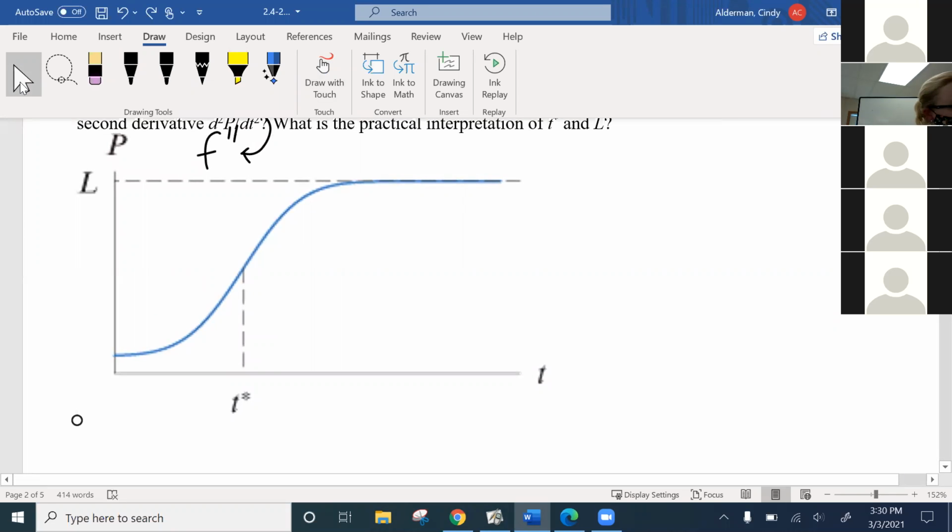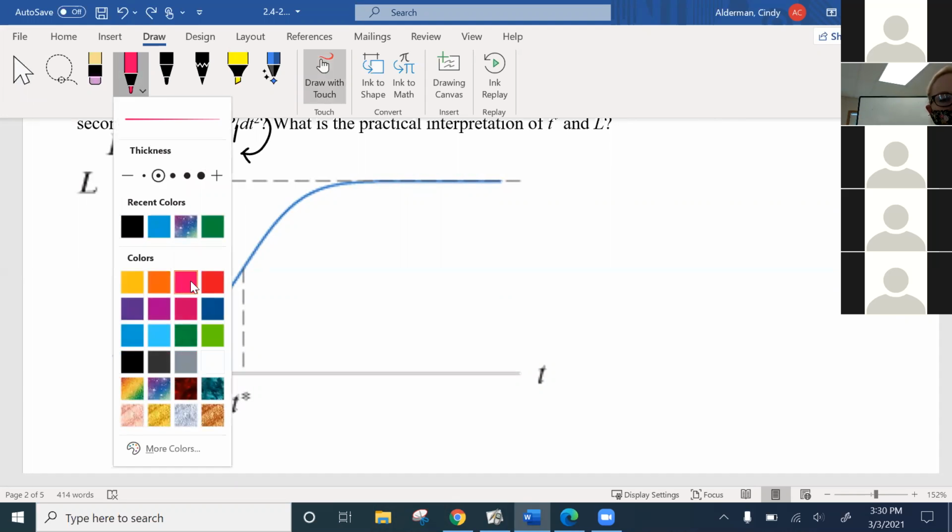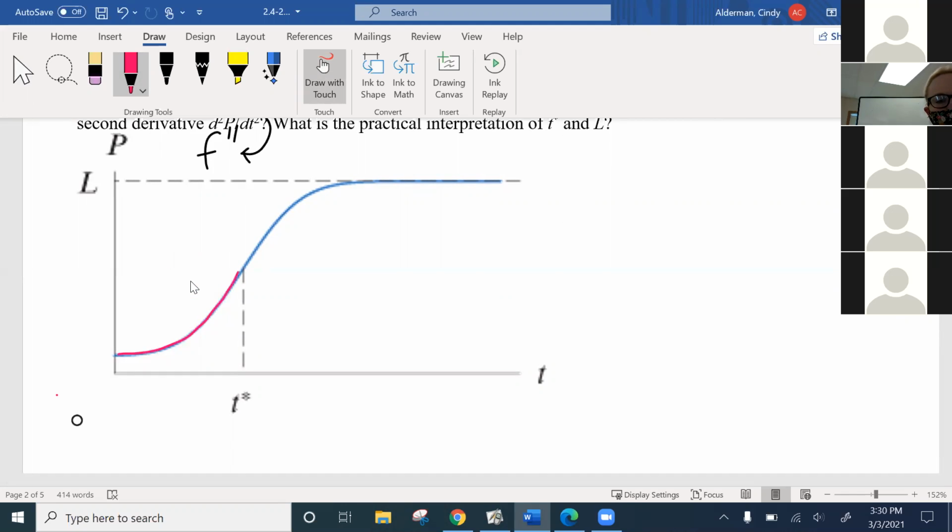All right, so let's describe what's going on. From 0 to that t star, concave up, concave down. So if I went from here to here, yeah, concave up, right? So in that interval, this is concave up. So we know that the second derivative is going to be above the x-axis or below?